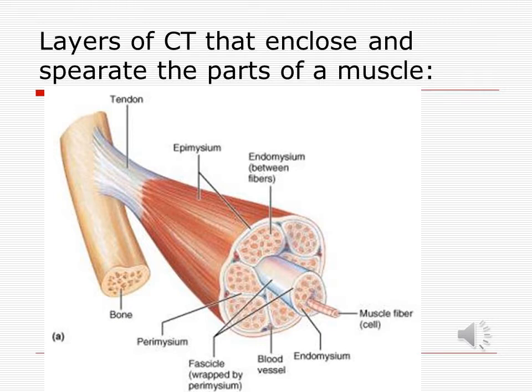The other thing that you can see here is the tendon. So this white connective tissue that you see running into the epimysium is the tendon. Now, it's important to understand that the 3 layers, so the epi, the endo, and the perimysium, all come together to form the tendon, okay?